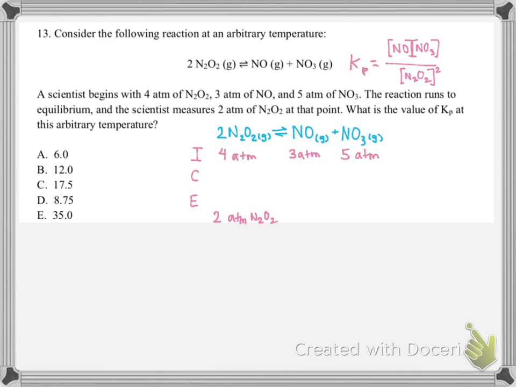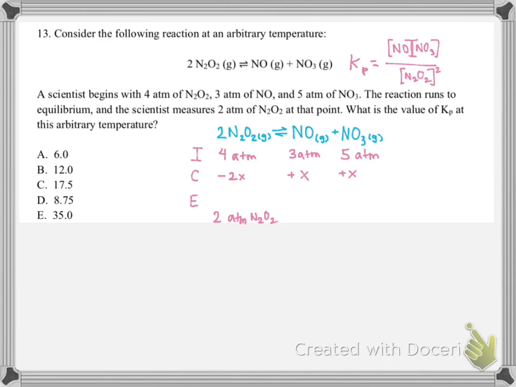We can see that our N2O2 concentration is going down, so we can say minus, and we must be making some of the other things. For our change, we'll say minus 2x for N2O2, plus 1x for the NO, and plus 1x for the NO3.